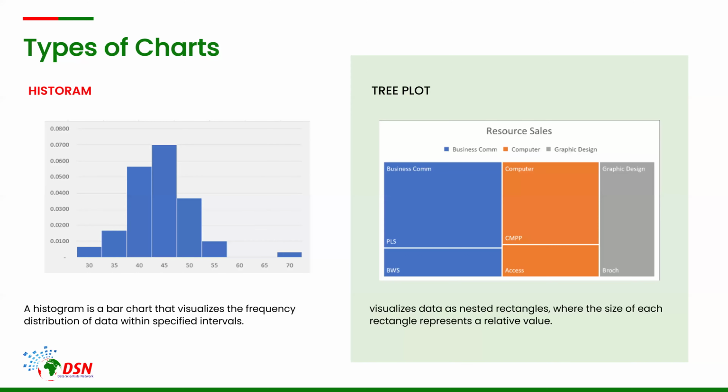So it is useful for us to quickly have a glance at our data entry. Here we can see that the biggest is the business comms. Business comms has the biggest part of this resource sales, and the smallest is BWS. We can see this very quickly with a tree plot.